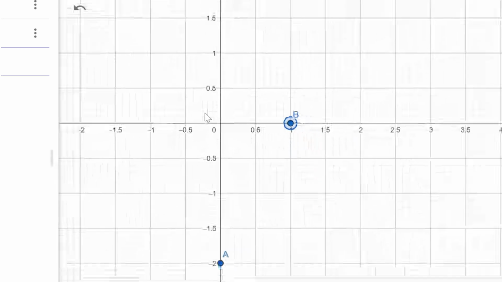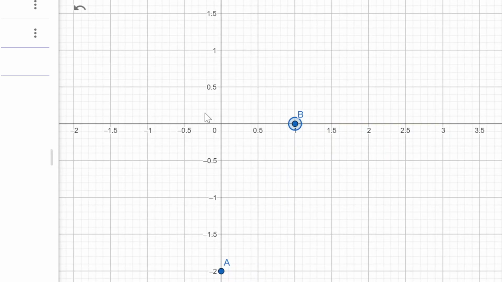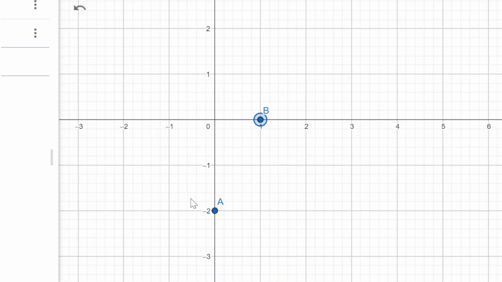I'll just zoom out now. Hope you are able to see properly. Now I have marked both the points: x is 0, y is minus 2, which is a point. The second point is x is 1, y is 0.